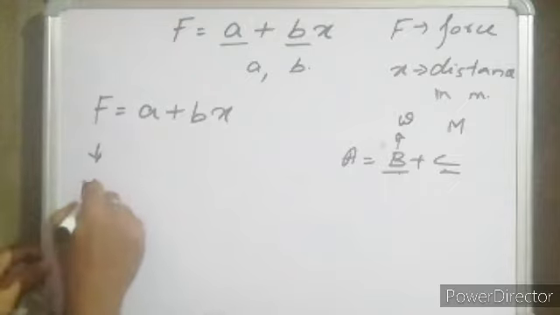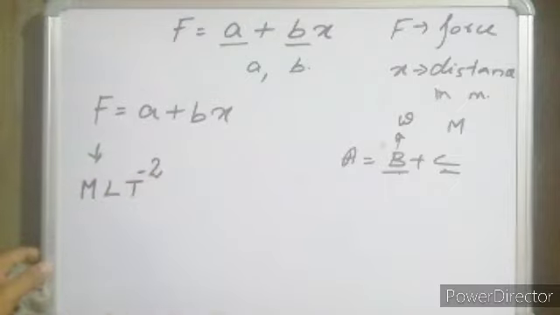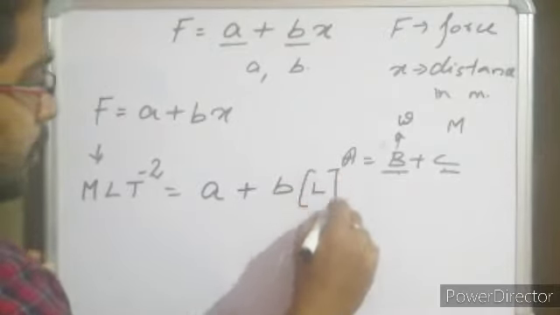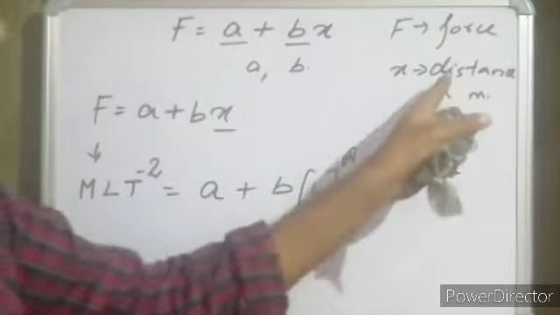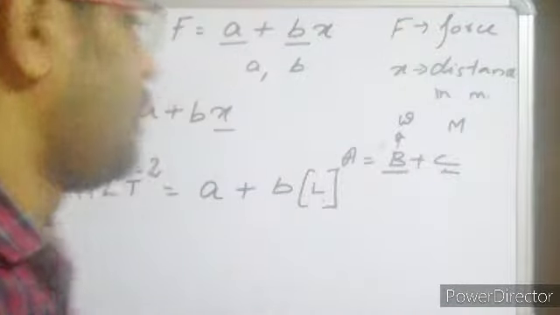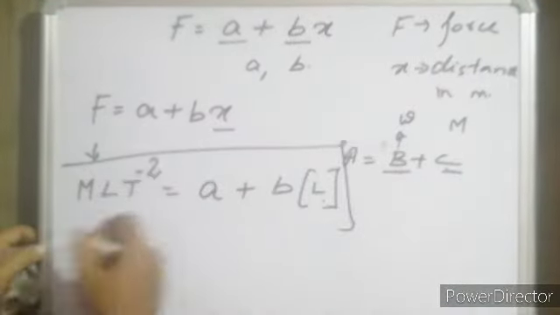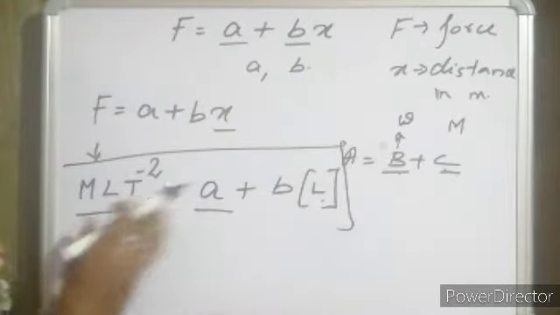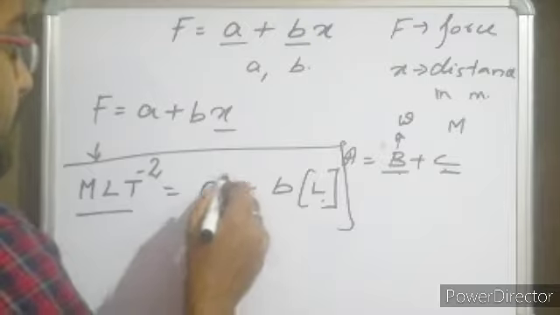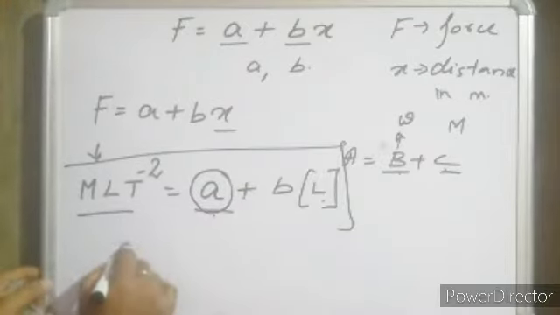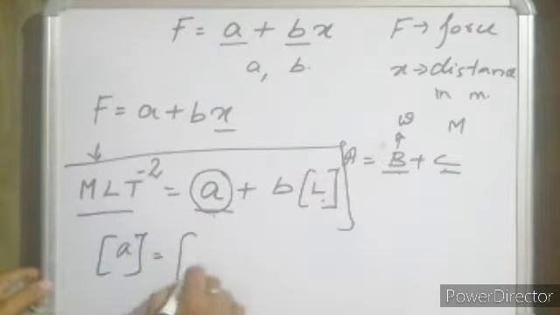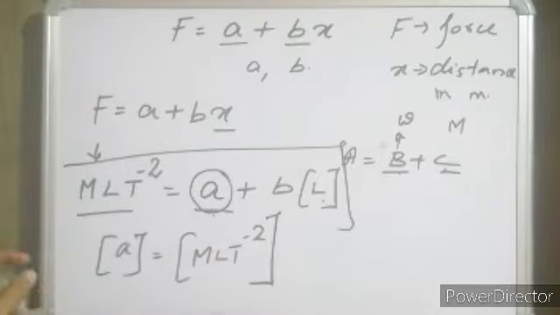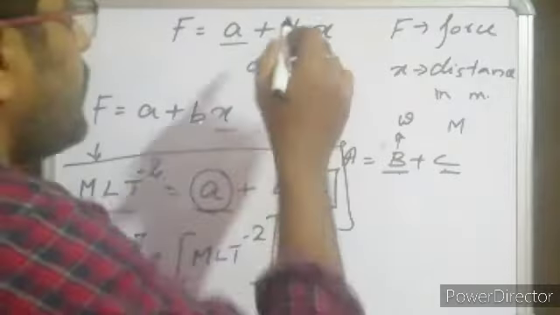So we only need to worry about the dimension. The dimension of force, MLT^-2, is equal to A plus B into the dimension of x, which is again L, because it is said that x is nothing but a distance. If the sum of these two quantities is equal to force, then the dimension of A is equal to the dimension of force, that is MLT^-2.